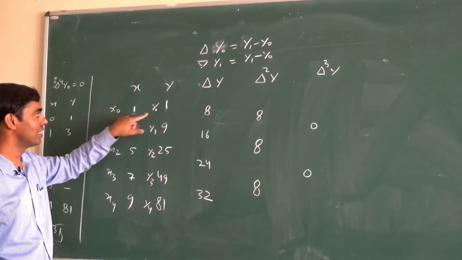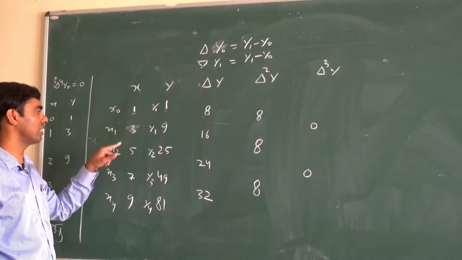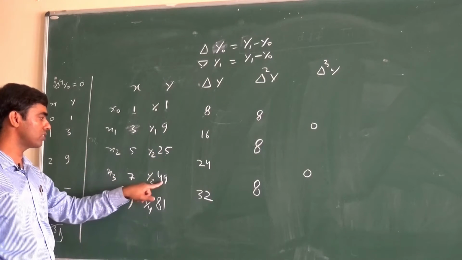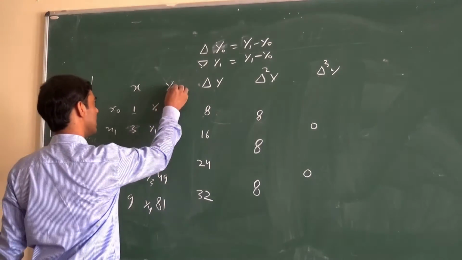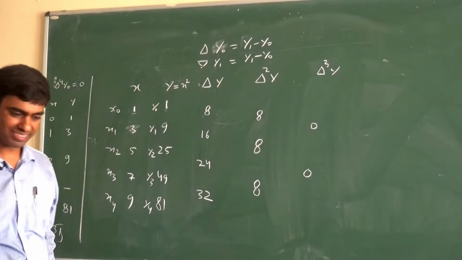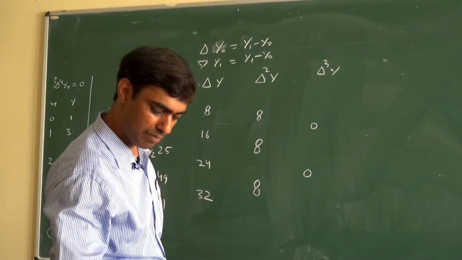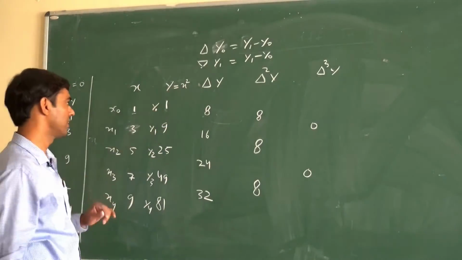Then y is the square of x. 1 square is 1, 3 square is 9, 5 square is 25, 7 square is 49, 9 square is 81. This means we directly write y equals x square.